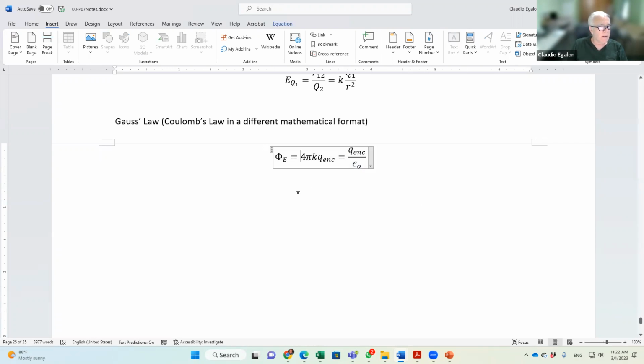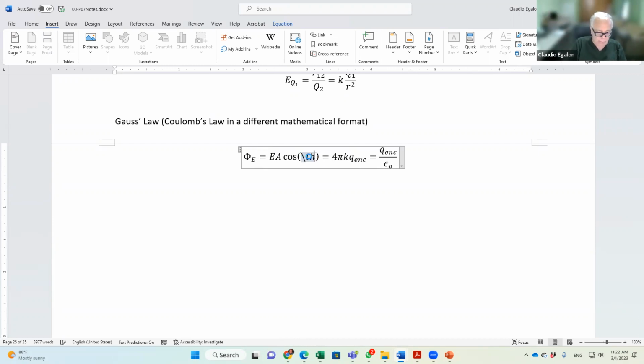How is the electric flux defined? We're going to see something like that in the future, not only for the electric field, but also for the magnetic field. So how do we define the flux of a field? It's going to be the field itself, times the area through the Gaussian surface, multiplied by the cosine of the angle between those two vectors.